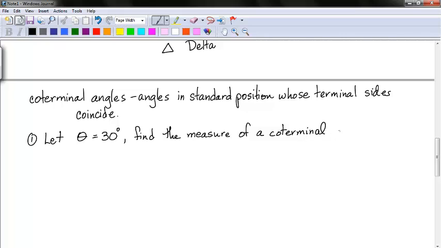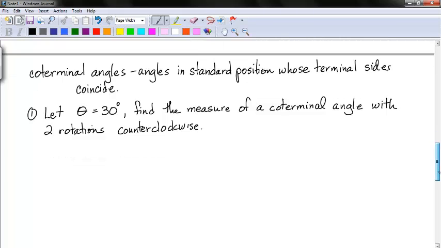Find the measure of a coterminal angle with two rotations counterclockwise. Now you can do this by picture. You can also do it by formula. I'm going to show you both ways.